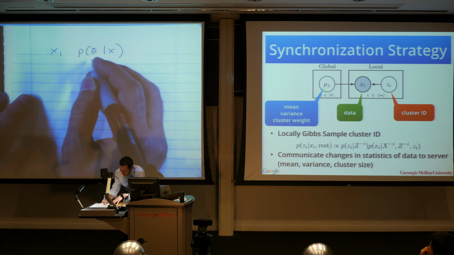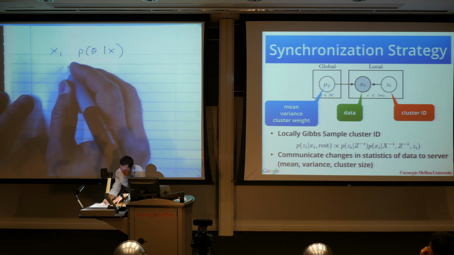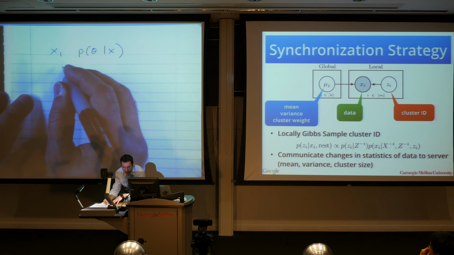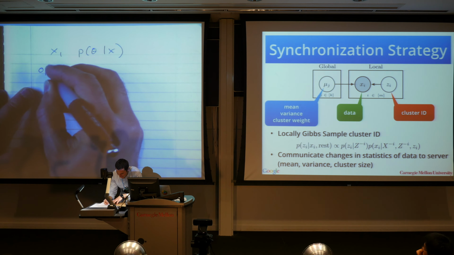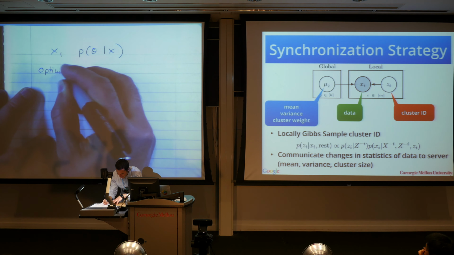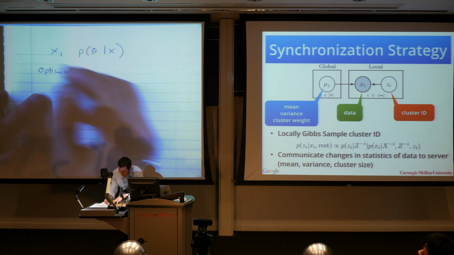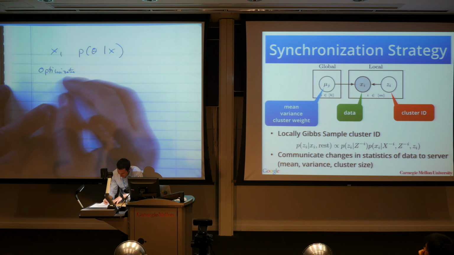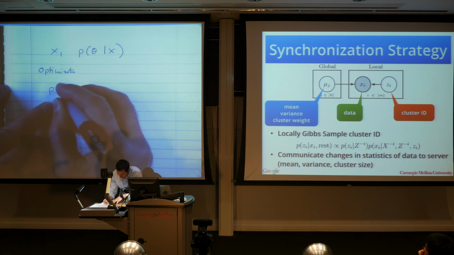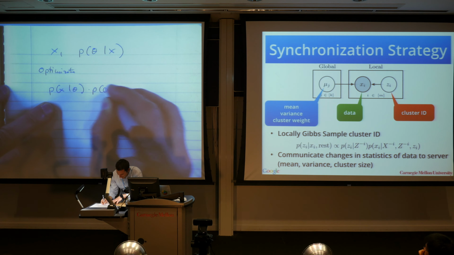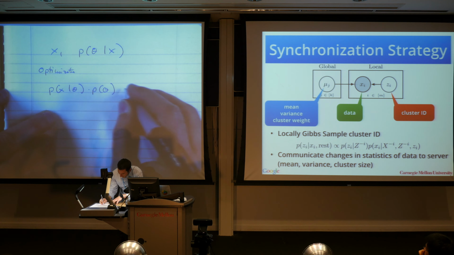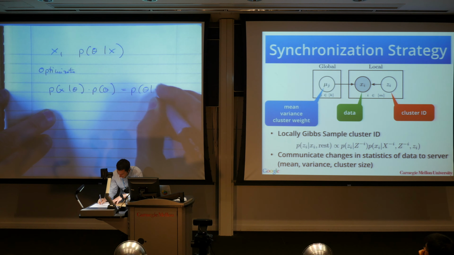So what you can do, and this is something that we saw quite a bit before, is optimize. Because remember, we have p of x given theta times p of theta, which is nothing else than p of theta given x times p of x.